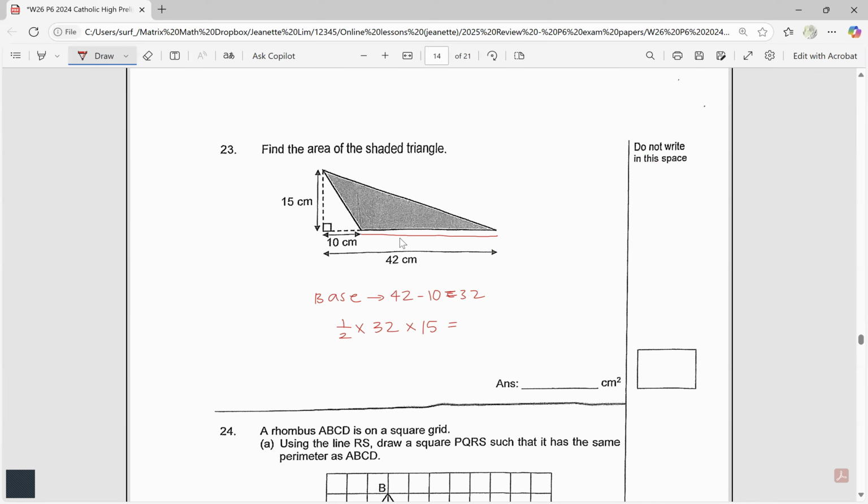Half of 32 will be 16. So when you do your working, you should be doing 16 times 15. So 240 square cm.